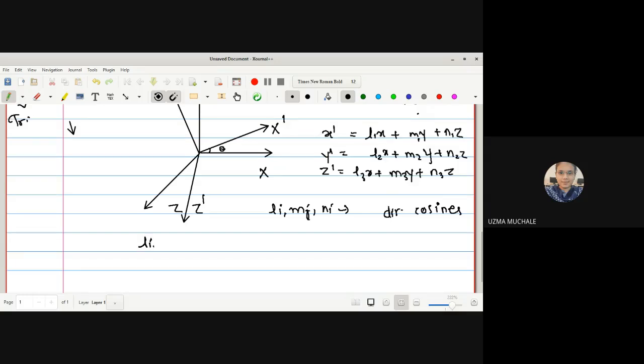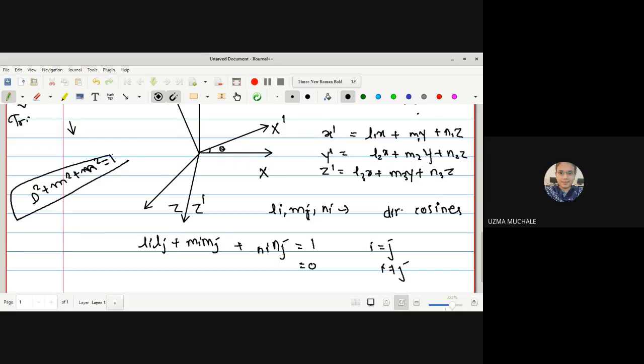I hope everyone knows the condition: Li Lj plus Mi Mj plus Ni Nj equal to 1 for i equal to j, and it is equal to 0 for i not equal to j. That is L1 into L1, that is L1 square plus M1 square plus N1 square, it is equal to 1.